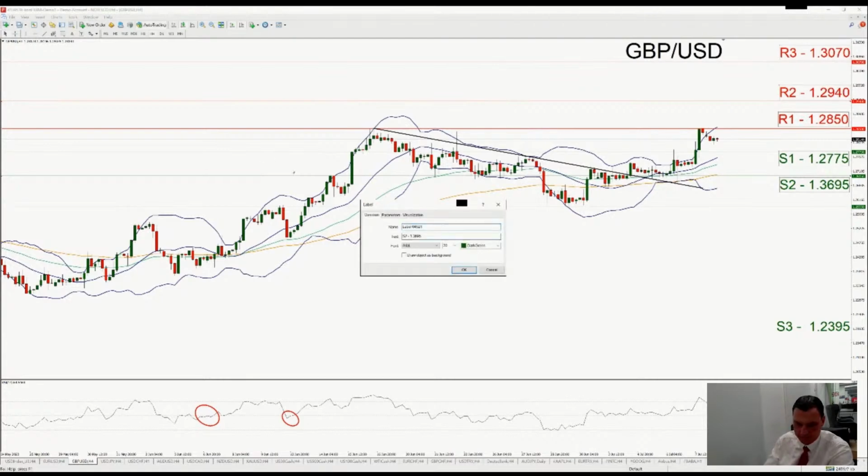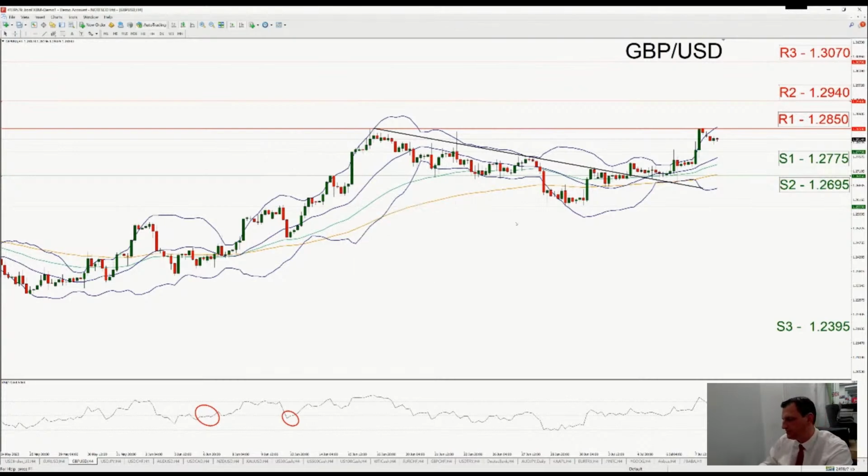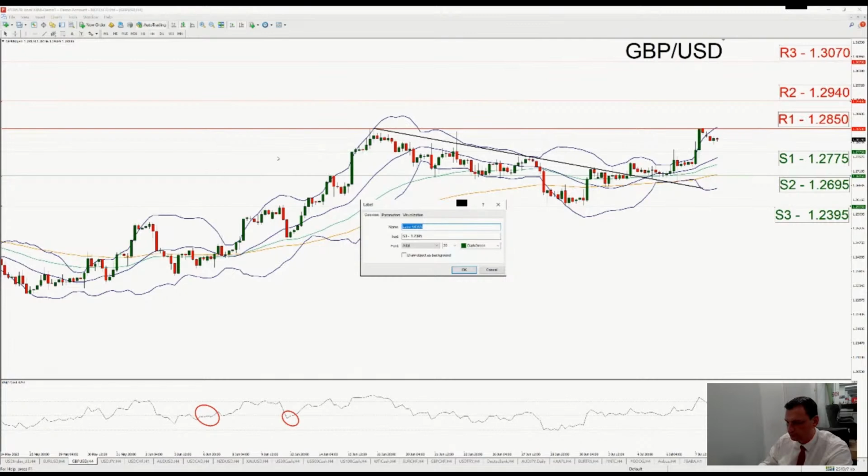Certainly 21. And the S3, let's verify it, at 1.2595. That's it.